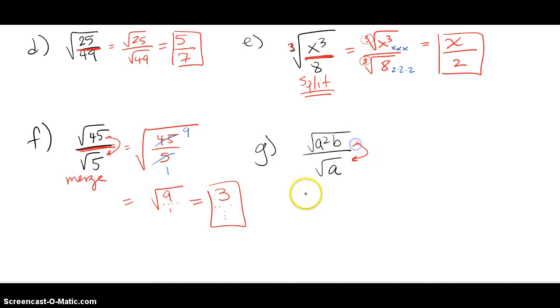Same thing for part B. We're going to merge the two together under the same big radical. A squared over B all over A, it looks like. That's going to give me A's go away.